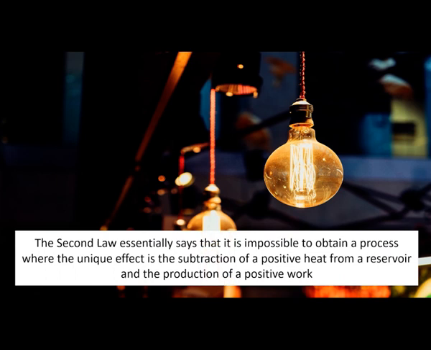Because the system operates in the real world and some energy always escapes into the outside world, this leads to inefficiency. And the second law says that it is impossible to obtain a process where the unique effect is the subtraction of a positive heat from a reservoir and the production of positive work. So energy exhibits entropy.